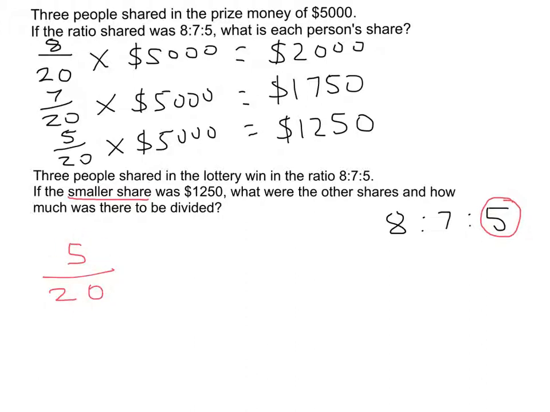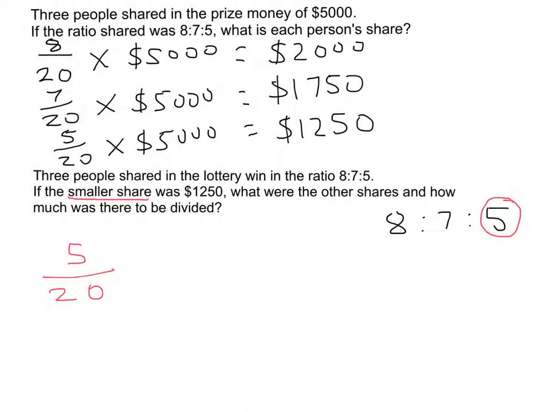And 20 represents all of the parts together. Now, we know that 5 over 20 is the actual share of 1,250, because it says here the smallest share was 1,250. So the smallest share is the number 5, and the number 5 in this ratio as a fraction would be 5/20.